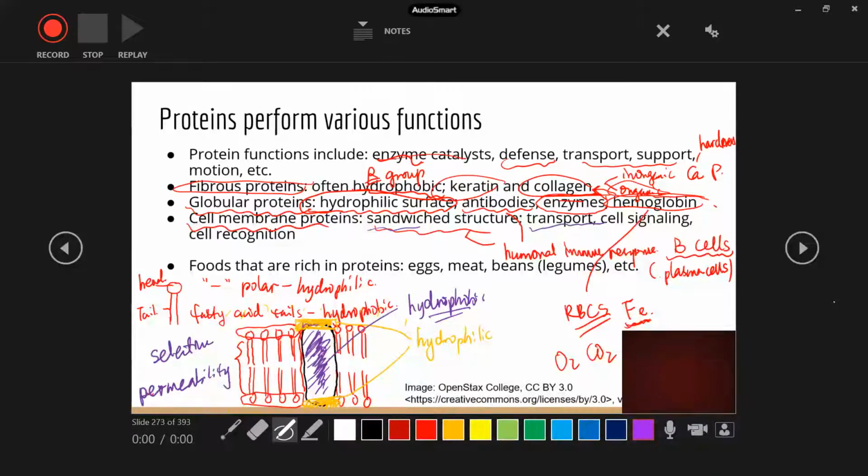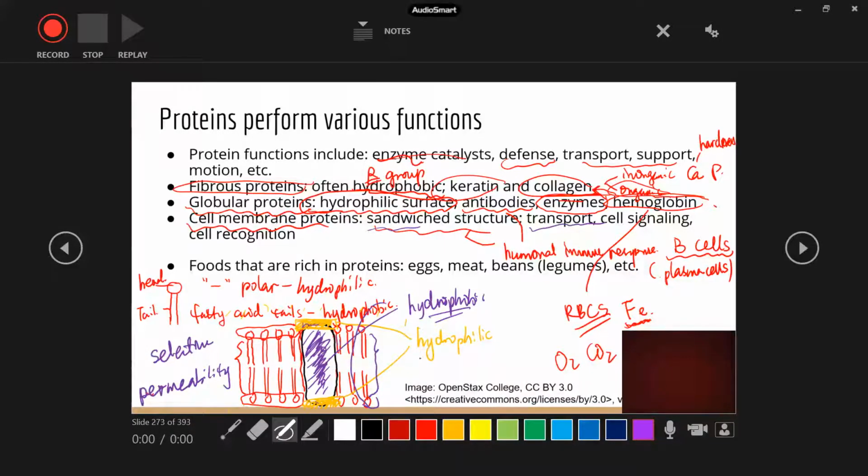And that's because the majority of the cell membrane is this fatty acid tail portion, right? The fatty acid tails only like hydrophobic molecules. So only molecules that are hydrophobic can cross the cell membrane freely. Hydrophilic substances will not be let in because the hydrophilic molecules are repelled by the fatty acid tails.